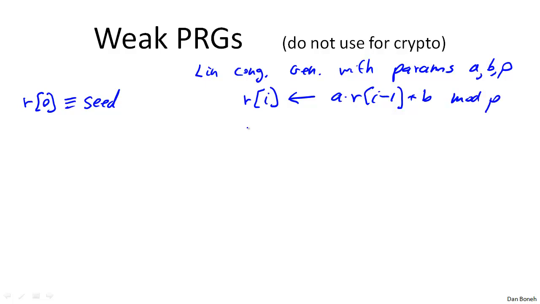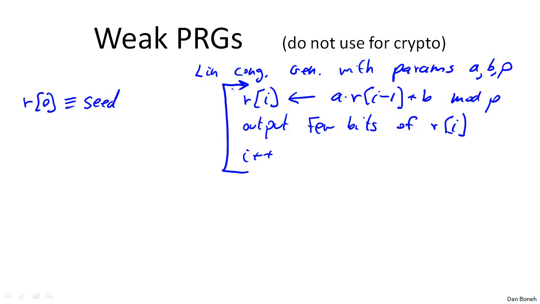Then you output a few bits of the current state, a few bits of r_i. Then, of course, you increment i, and you iterate again and again. So you can see how this generator proceeds. It starts with a particular seed. At every step, a linear transformation is applied to the state, and then you output a few bits of the current state, and you do that again and again.